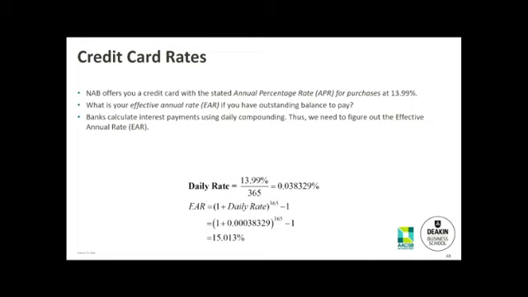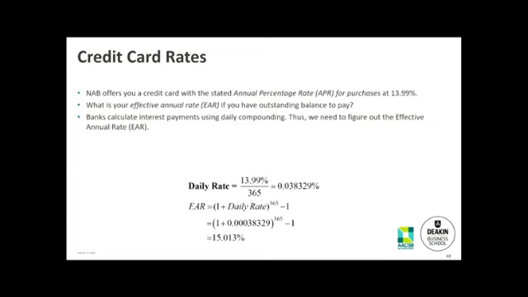I'll give you one classical example. NAB offers you a credit card with a stated annual rate, APR, of 13.99%. Stated annual rate and annual percentage rate are the same here. It's not too bad, 13.99%, but still very high. And what is your effective annual rate if you have an outstanding balance to pay?